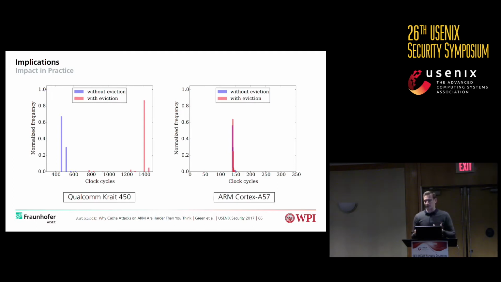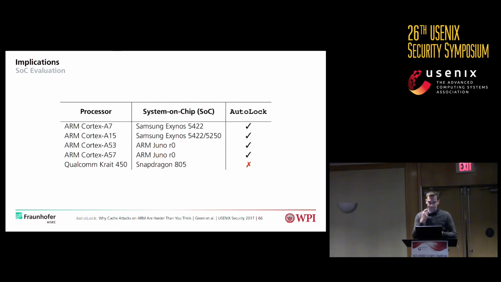So this is how we encountered it, and this is what we actually use, this cross-core eviction-based method, to test chips if they have AutoLock or not, because it's not documented. So we have to have some way of testing chips if they feature it. And this is what we did.